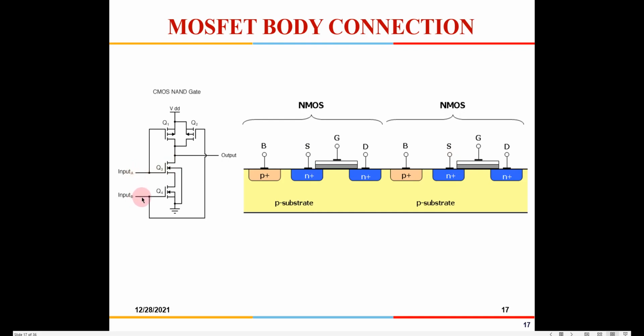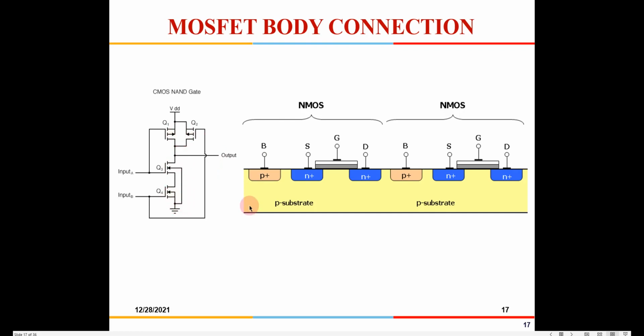In that case, whatever VDD is available will be available to the source of this transistor. Now if you connect it to the body here, that VDD will come to the body, whereas for this transistor you have put the body onto ground, so VDD will get shorted to the ground. You should not do that. You just have to remember one simple rule, that the body of all the NMOS should be connected to the ground.